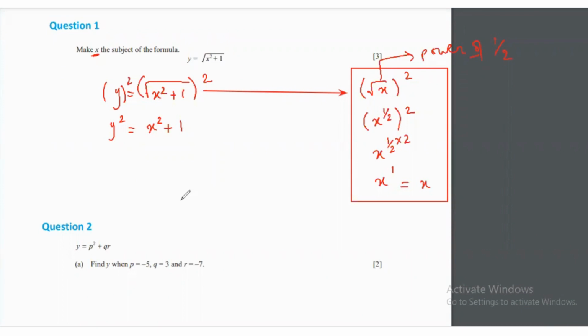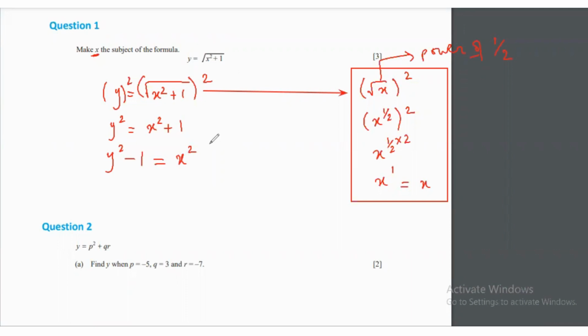Now, since we've gotten rid of the square root on top of x squared plus 1, we move 1 to the other side. So it becomes y squared minus 1. The reason why it's y squared minus 1 now is because 1 was being added on the right-hand side. But since we've shifted it to the left-hand side, its operation changes.